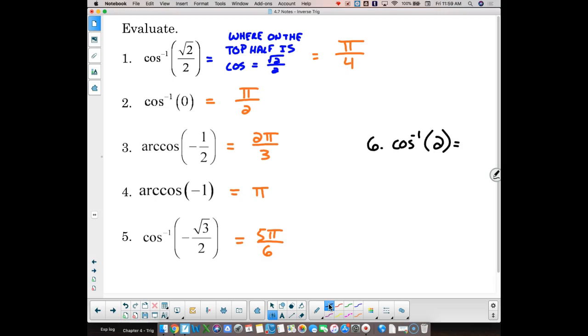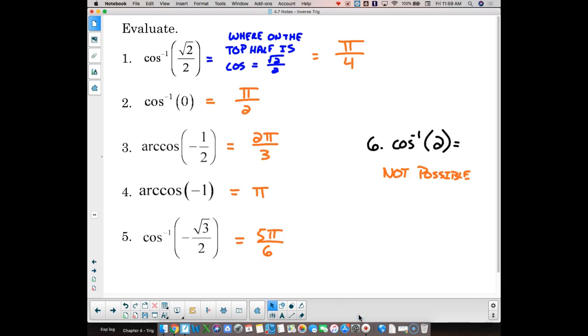Okay? So anything outside of that domain, or outside of that value range, is not possible. Okay?